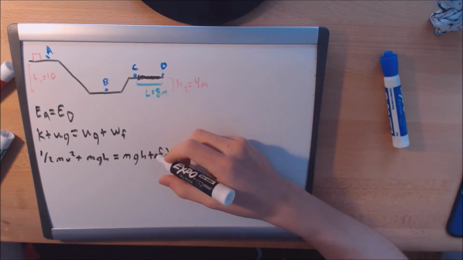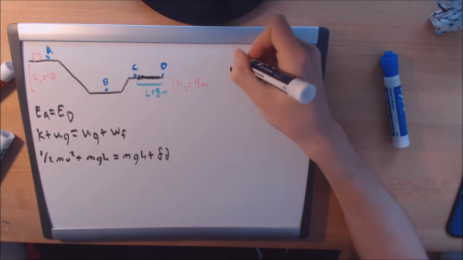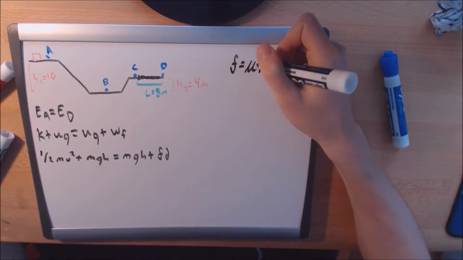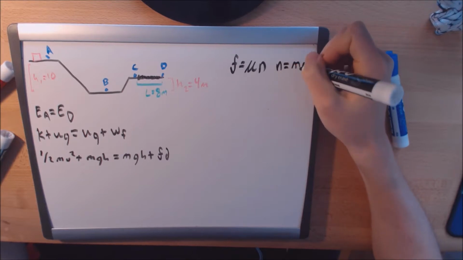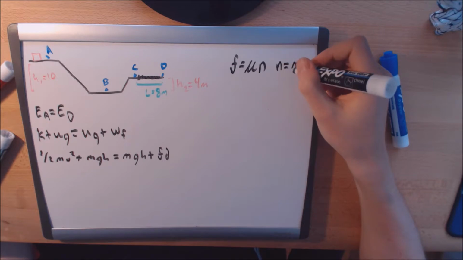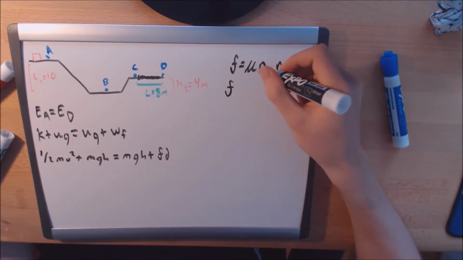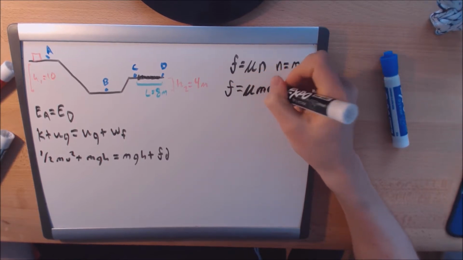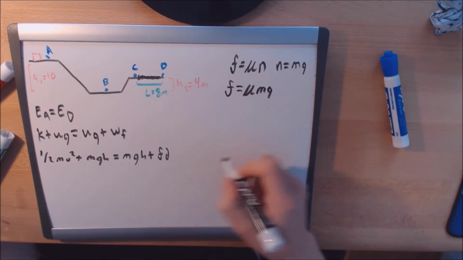And we don't have our frictional force, but what we do know is that friction equals our coefficient of friction times the normal force, and because the normal force equals mg, we can substitute in mg for the normal force, and then we can substitute in mu mg for friction.